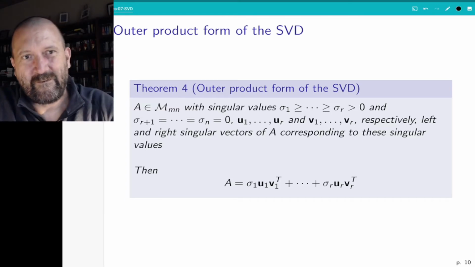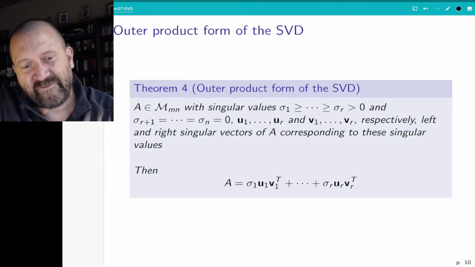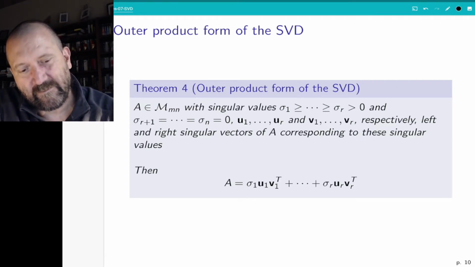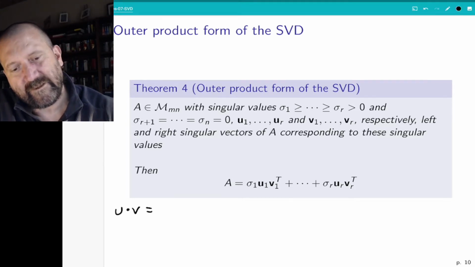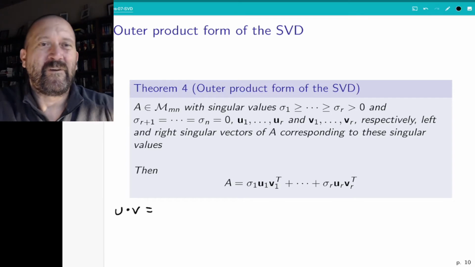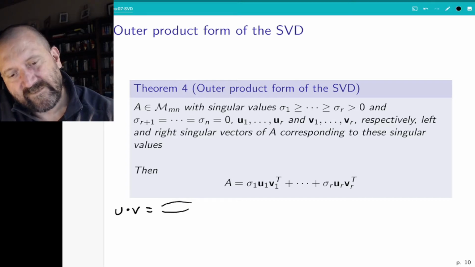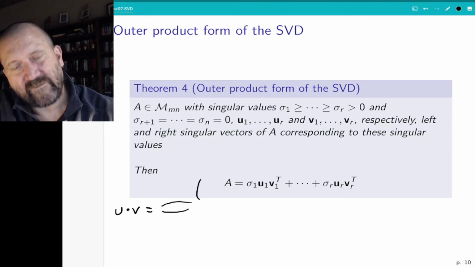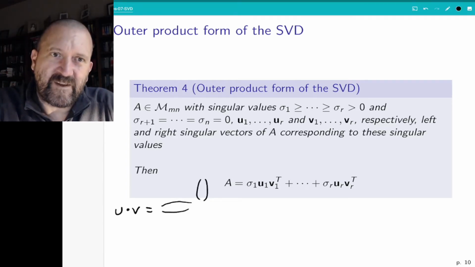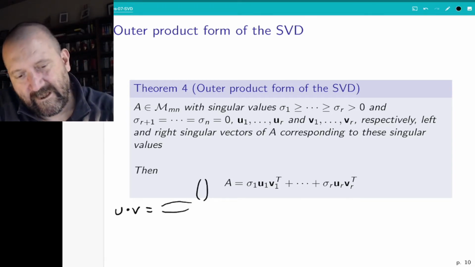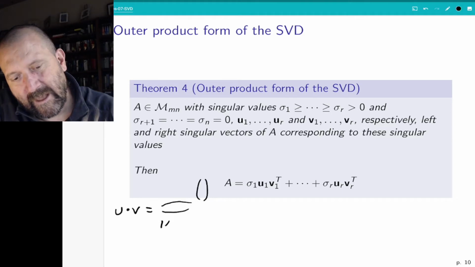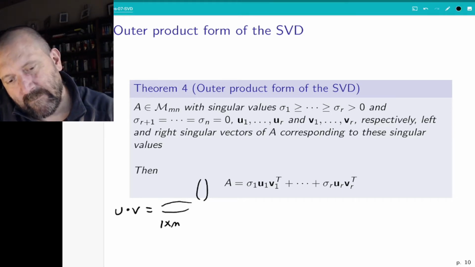of things here. So I've been stressing for some time that if I look at u dot v, I can think of it this way, and let me write it sort of visually. So u dot v is the row vector times the column vector. And when you take this as a product, this is 1 by n, and this is n by 1.